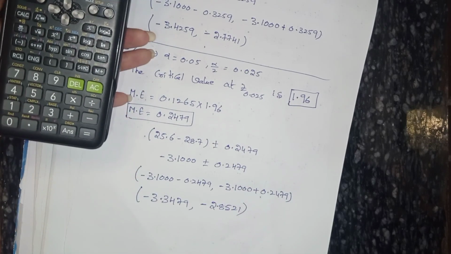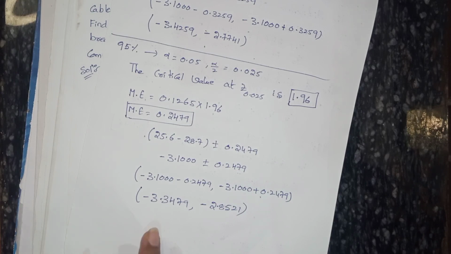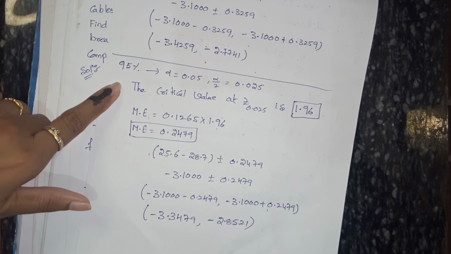So these are the confidence interval values at 95%.